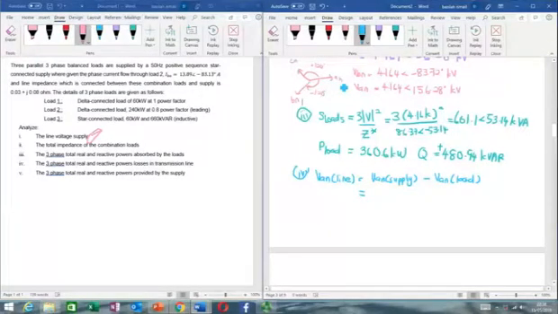So the answer is 4.256 angle 56.23. Okay, this one is okay.